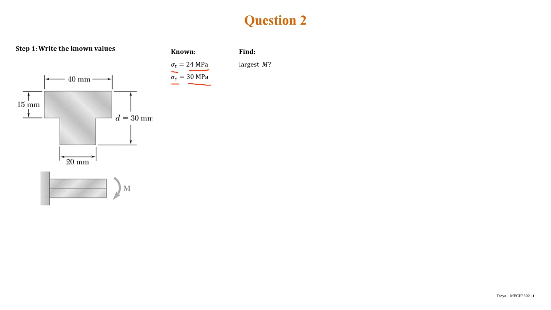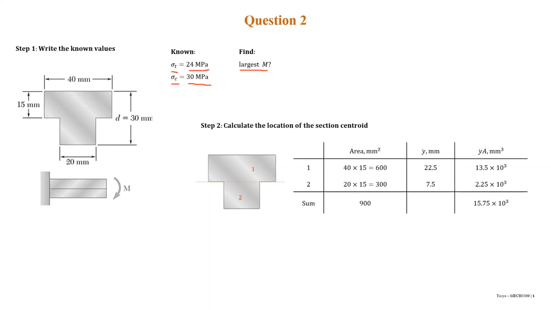The question is we have to determine the largest couple M. And then after writing all the known values and understanding the question, the second step is to calculate the location of the section centroid. How we're gonna do it is by making this kind of table which consists of the area and the y and y times area.